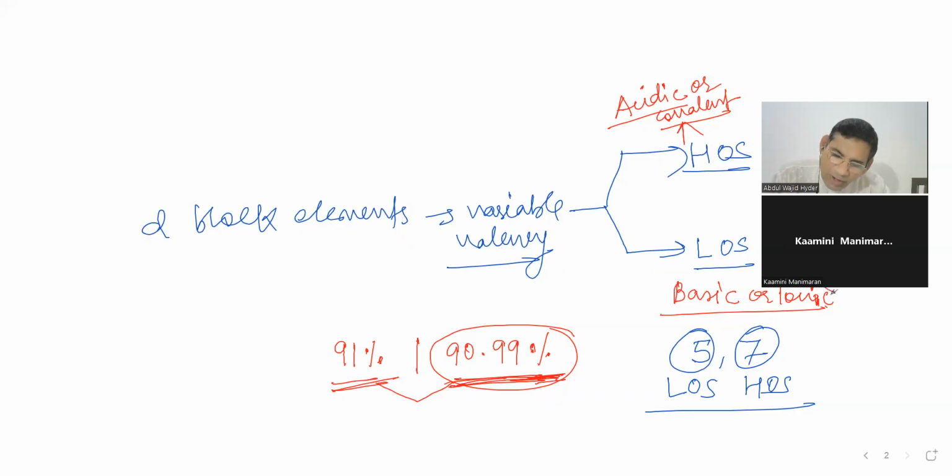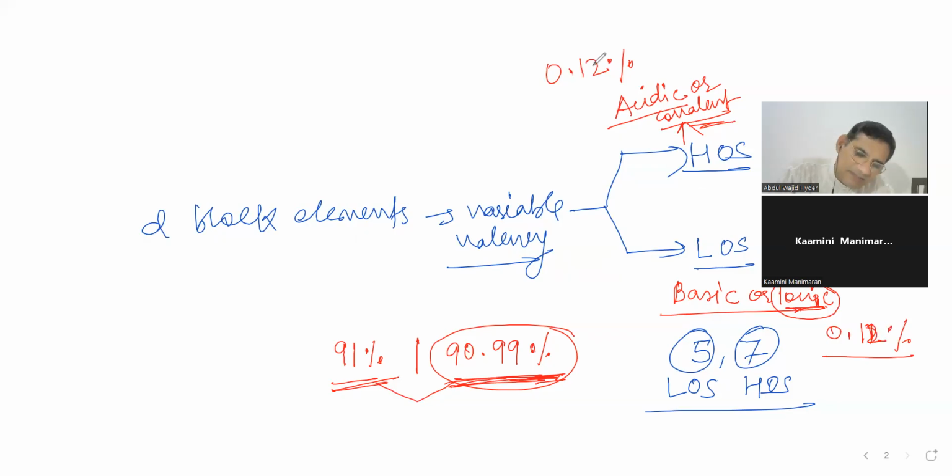So this will be more ionic. More ionic doesn't mean ionic. More ionic means compared to this, it will be more ionic. If this is 0.11% ionic, this will be 0.12% ionic. Sorry, this is 0.12% ionic, then this will be 0.11% ionic.